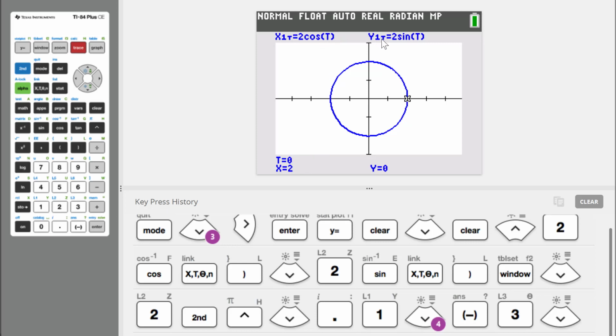Apparently, if you plug 0 in for t in the two equations, you get x equals 2 and y equals 0. If I arrow around, remember I told it to count by t equals 0.1, so you can see it moving through those values. And what has happened every time is this value for t is being plugged into these two equations, generating the ordered pairs that make up the circle.